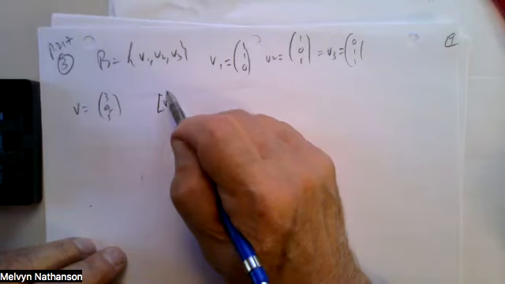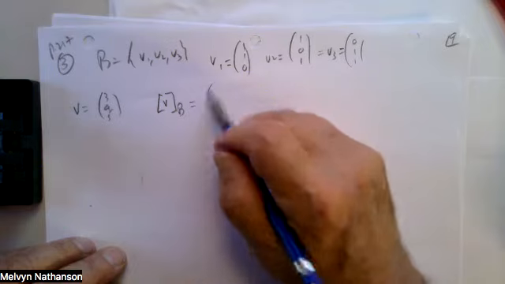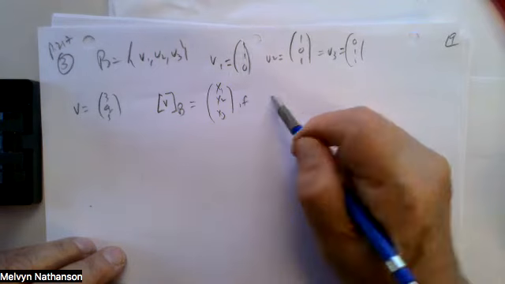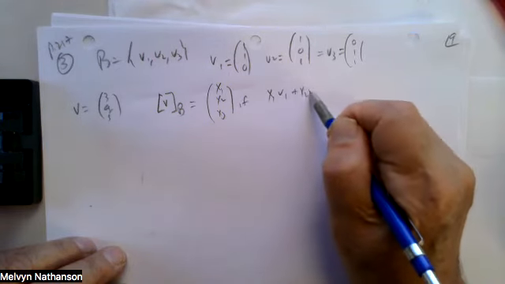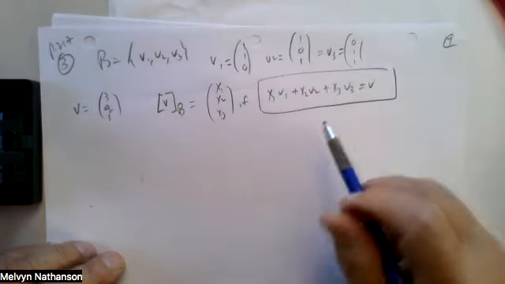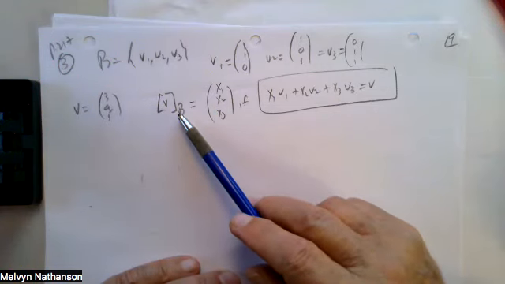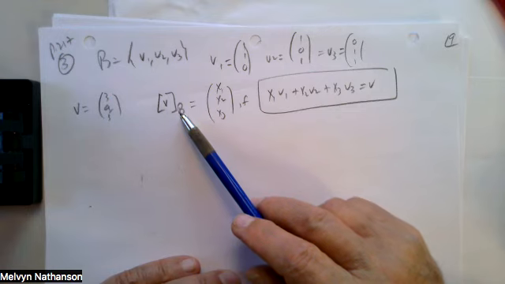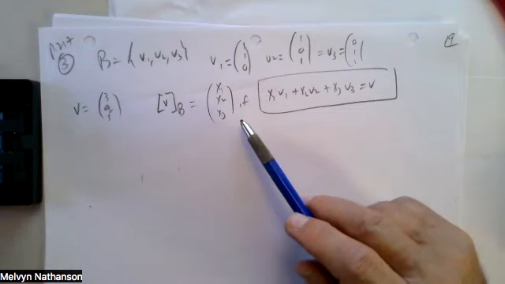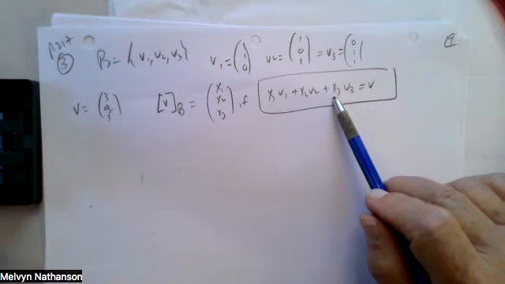And we say that the coordinate vector for V with respect to basis B is, let's say, x1, x2, x3, if x1 v1 plus x2 v2 plus x3 v3 equals V. So if you have a basis for a vector space, the coordinate vector for a vector V with respect to that basis is the set of coordinates that you come up with when you write your vector as a linear combination of the basis vectors.